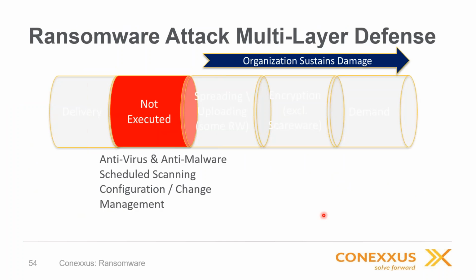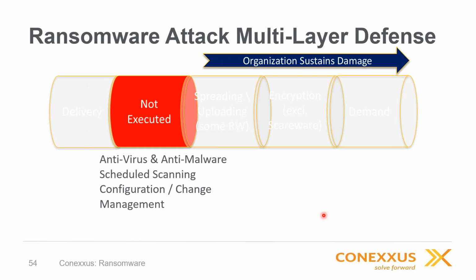The next stage after delivery, of course, is when the files are lying there dormant. As we said before, signature-based antivirus and anti-malware can help with detection. The scheduled scanning they do in the evenings can typically help identify ransomware that sits dormant, waiting for an attack period or synchronization with other systems for a simultaneous, synchronized attack, so you may be able to detect it at that time and block it.